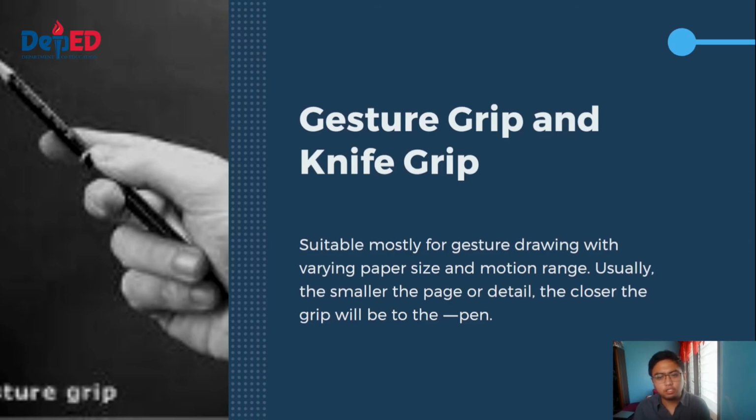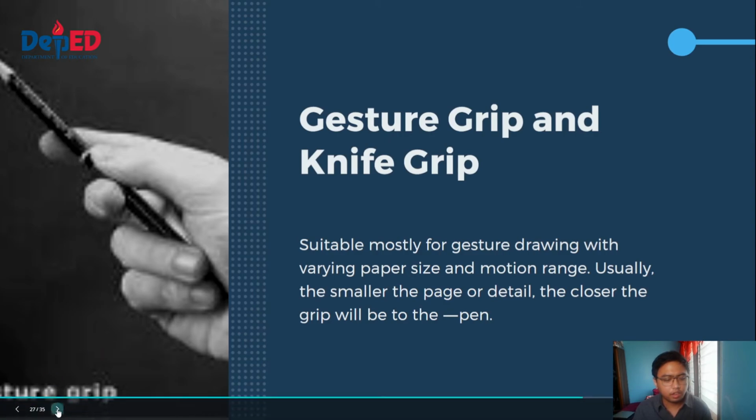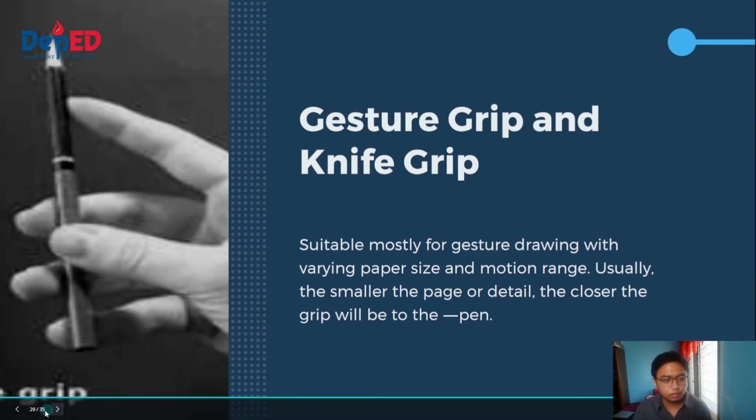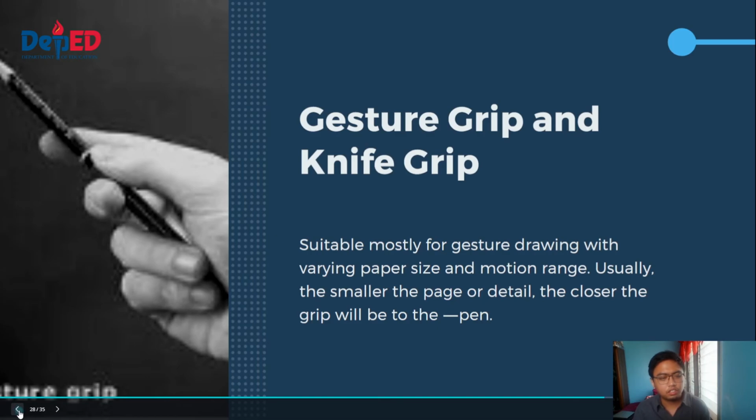Then we have gesture grip and knife grip. Gesture grip is suitable most for gesture drawing with varying paper size and motion range. Usually, the smaller the paper or detail, the closer the grip will be to the pen. So we have two, the gesture and the knife. How do we do the gesture?